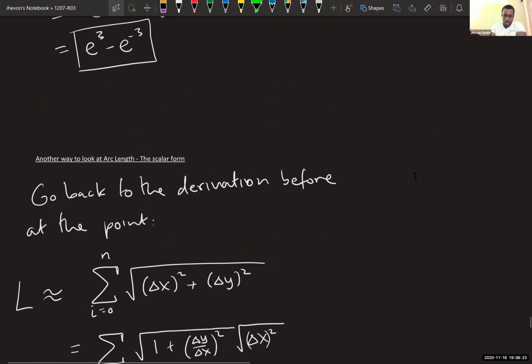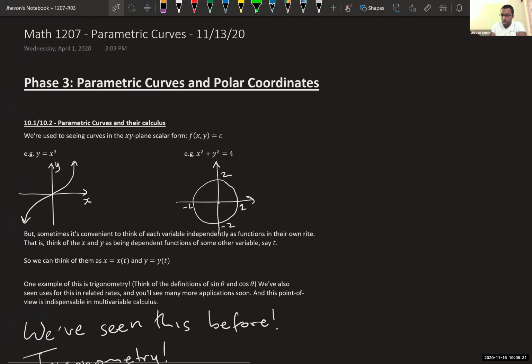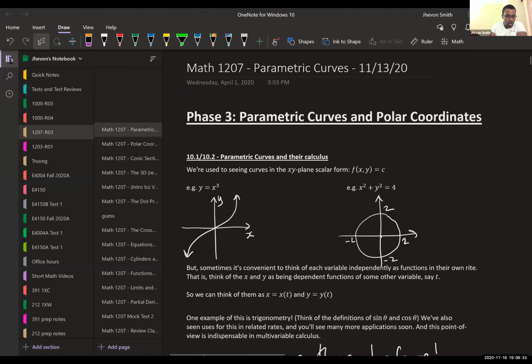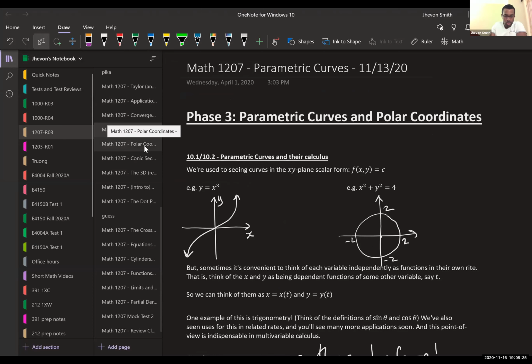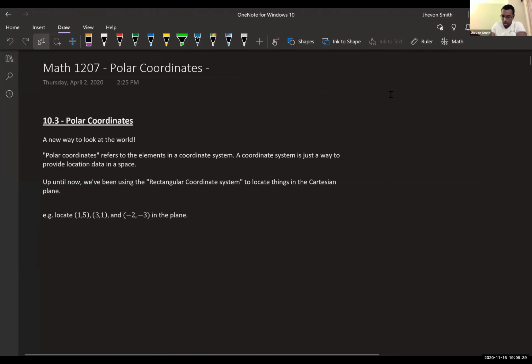So yeah, we're going to stop there for parametric curves. That's all I want to tell you guys about this. There's more to talk about, but that's all I want to talk about. And that will be enough to move on. Now, I think we have a little less than 10 minutes, so I'm just going to introduce this, but we're not going to get very far.